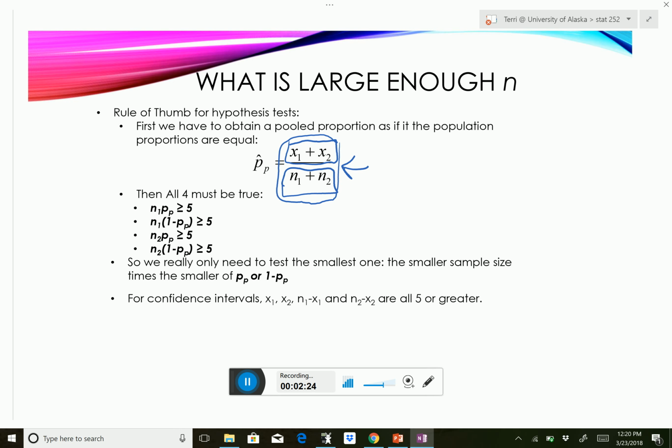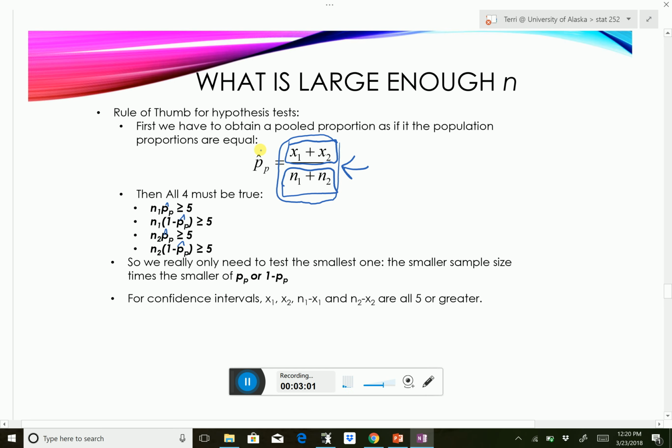Then we figure out all of these things. Well, we don't really have to figure out all of these things. We really only need one of these, the smallest one. So N1 times P pooled hat. I forgot my hats on all these. Actually, it should be hat.